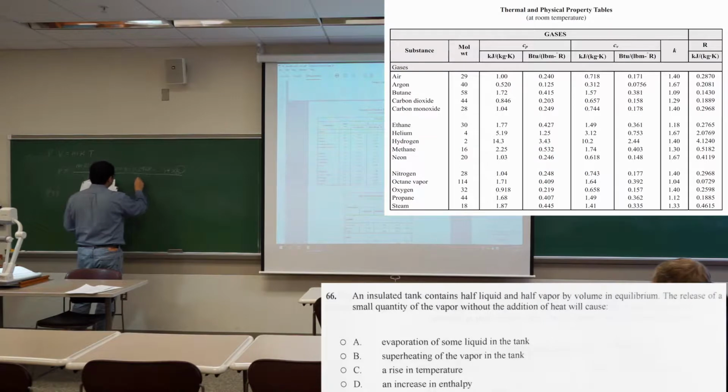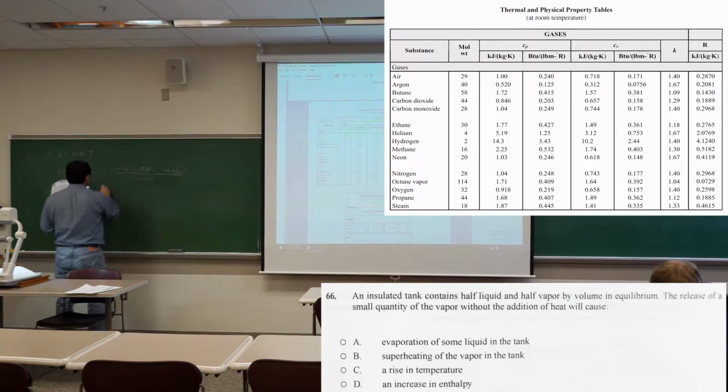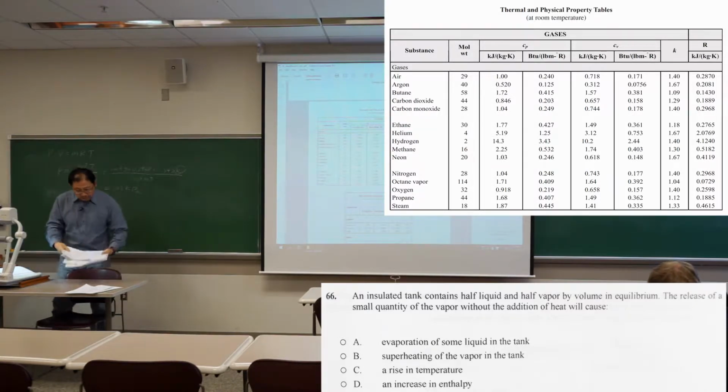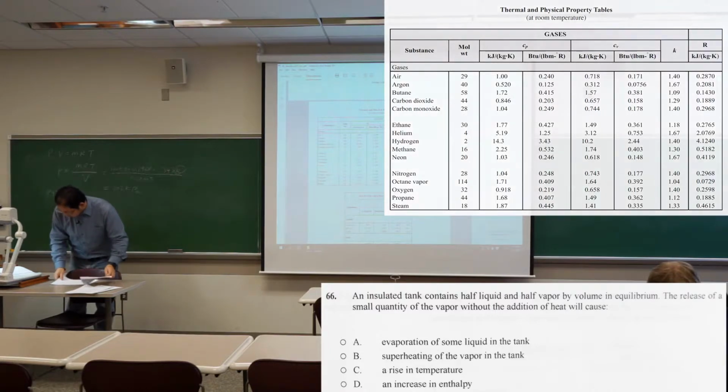And the volume. So you are going to have 102 kilopascal. Any question for the ideal gas equation? So this is very straightforward.